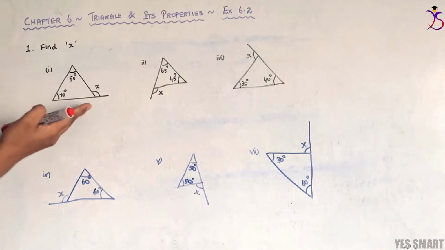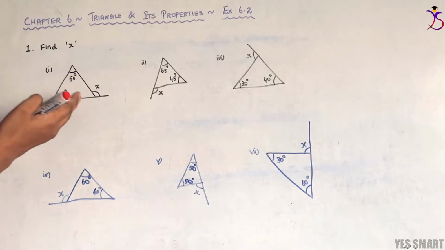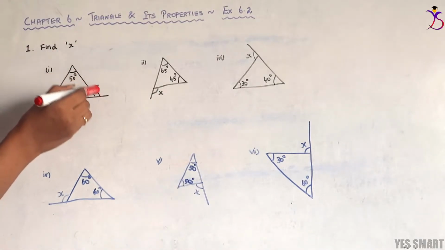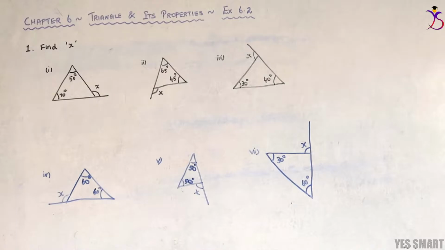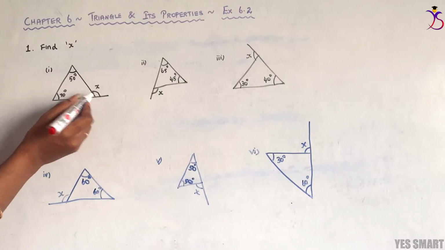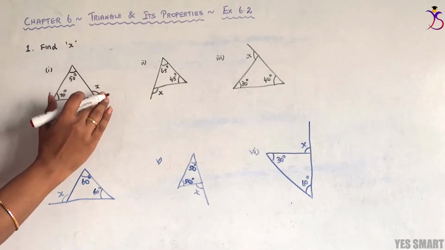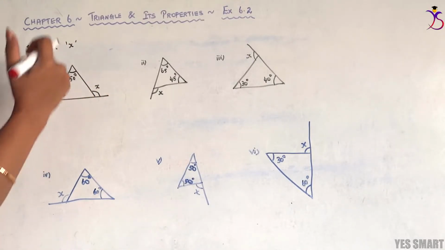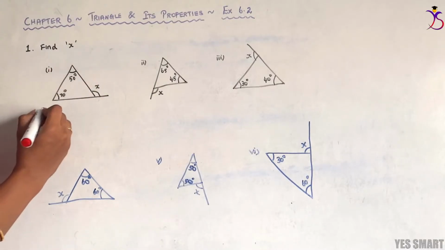In this triangle we have the unknown quantity x, which lies exterior to the given triangle, and in the interior we have 70° and 50°. According to the exterior angle property, angle x is equal to the sum of the two opposite interior angles.